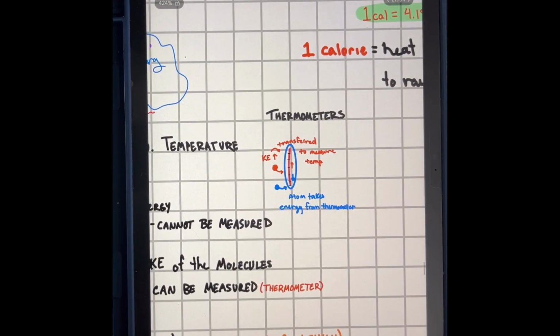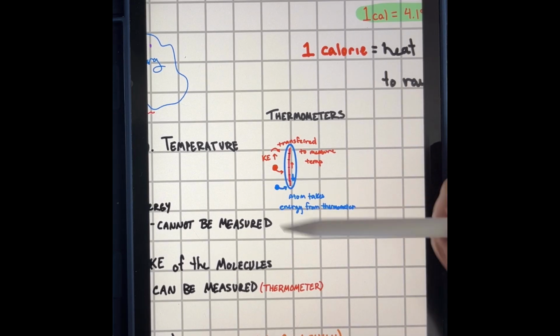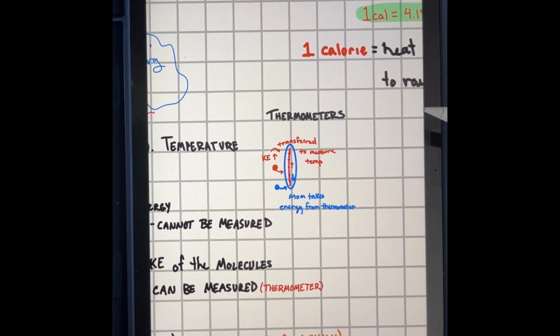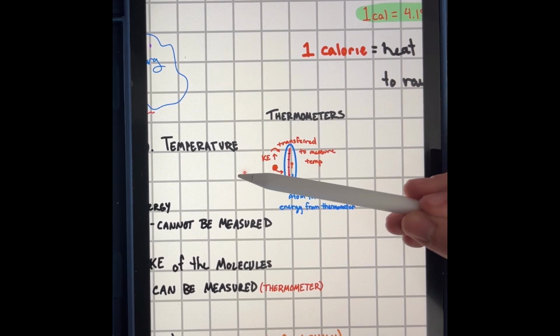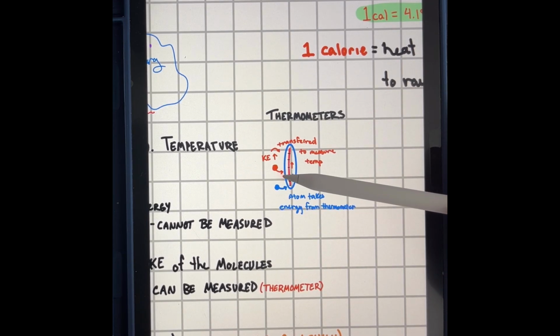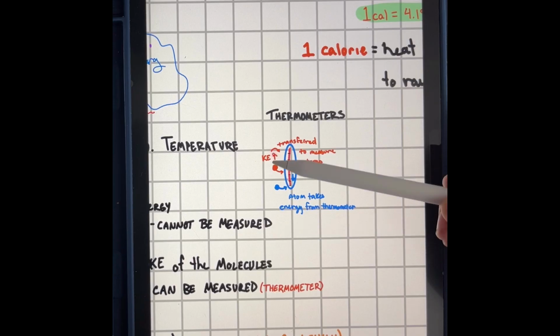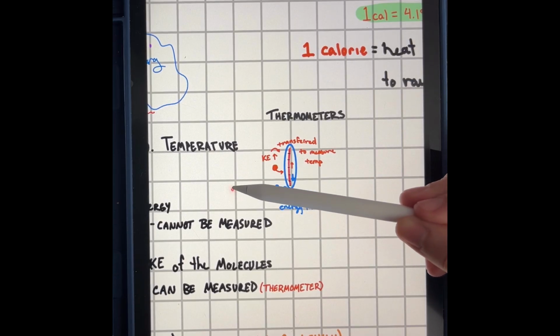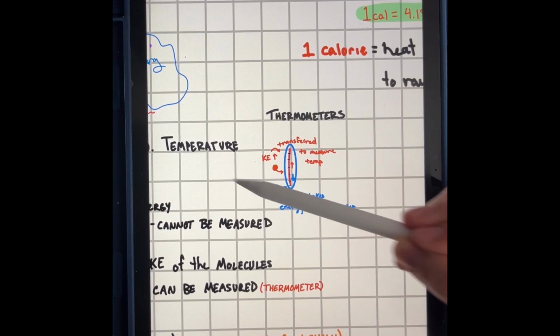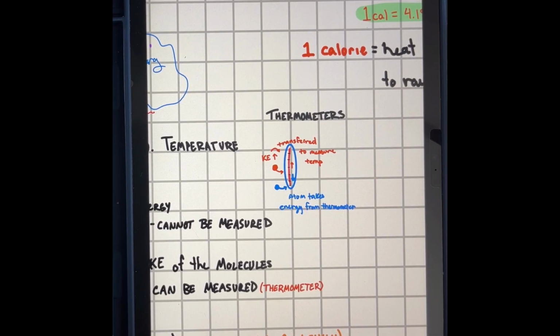It's very simple. I'm not going to go too detailed into it, but thermometers essentially are placed into a substance, and in the substance, as I said, there are always molecules moving around, right? And so the molecules are either going to be moving slowly, or they're going to be moving very fast. When they're moving fast, that means it's a high temperature.